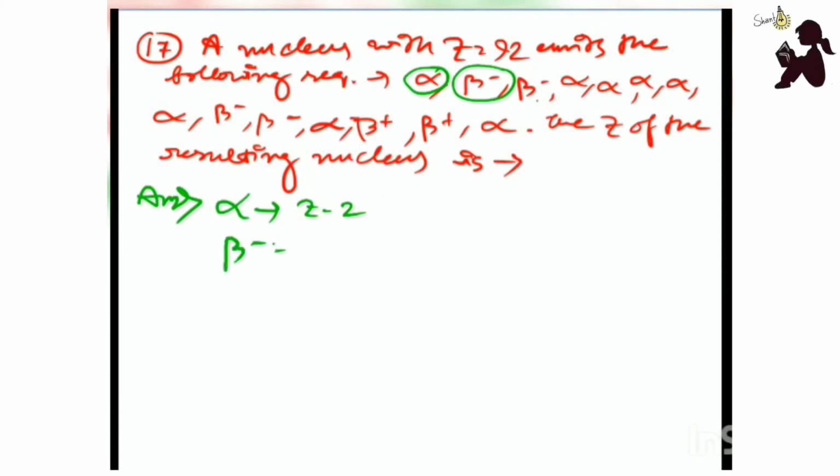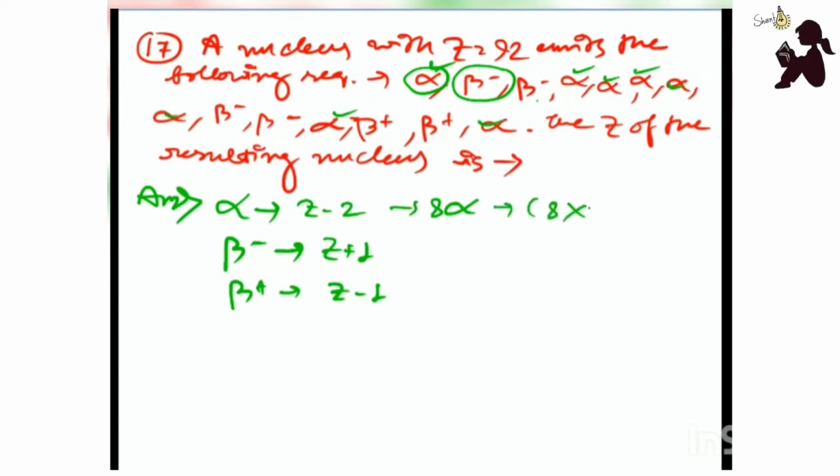For beta minus, it gives plus 1, and for beta plus it will be minus 1, okay. So here we can see that we have 1 2 3 4 5 6 7 8 alpha. So 8 into minus 2 will be minus 16.